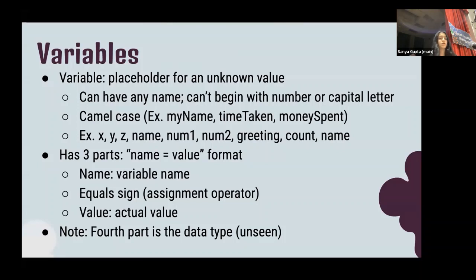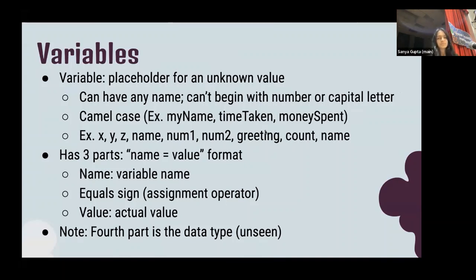Instead of just writing something like timetaken in all lowercase, which is hard to read as individual words, if you capitalize the first letter of the next word, it provides better readability for programmers. This is just good practice. Of course, for our more basic programs, it's not really necessary.